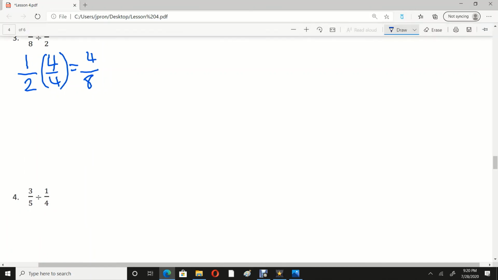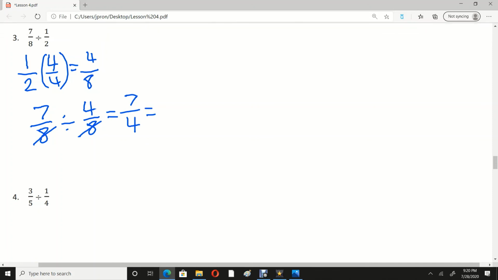We got 7/8 divided by our divisor 1/2, which we are replacing with 4/8. We can now factor out our denominators and simply divide our numerators. 7 over 4, which, if you are inclined to, we could turn into a mixed number. 4 goes into 7 one whole time with a remainder of 3. 7 minus 4 is 3, so a remainder of 3/4.